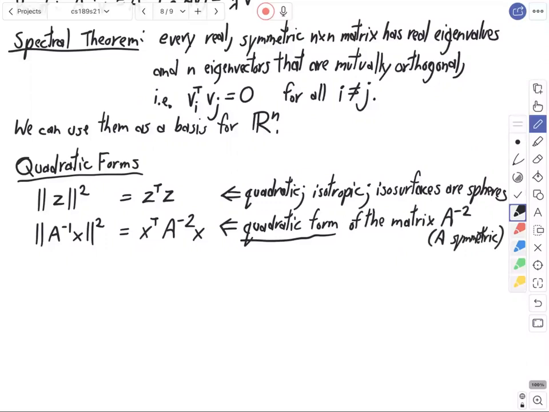And this function is not isotropic in general, unless A just happens to be some multiple of the identity matrix. And so that means that when we look at its isosurfaces, they're going to be stretched out. They're not going to be perfectly spherical. They're going to be ellipsoids.